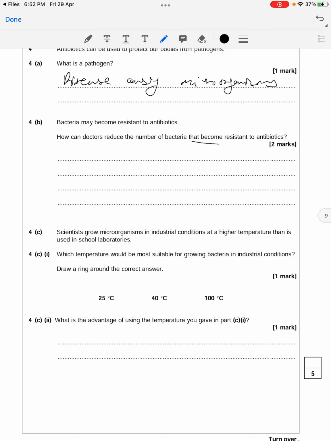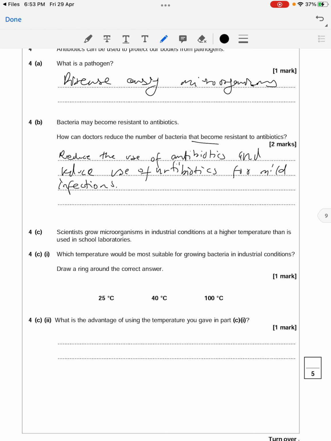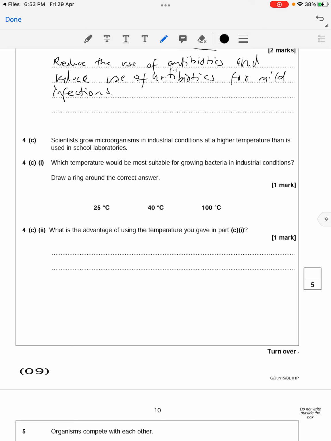So reduce the use of antibiotics, for example not using antibiotics for mild infections. Right? So we can also say we can use a wide variety of antibiotics, but you can understand that.